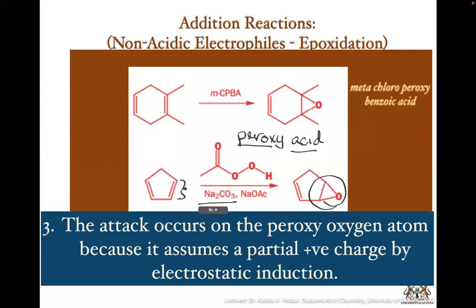The reagent here is sodium carbonate, which is the active ingredient in baking powder. It is basic and it is doing the same thing that any base would do, which is to remove a proton. And here we also have sodium acetate, which again provides further basic support.